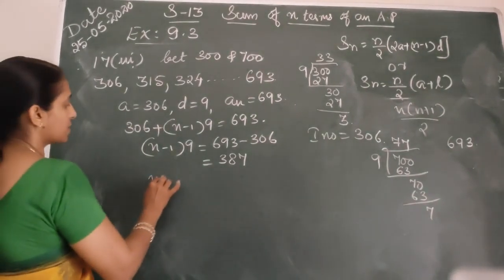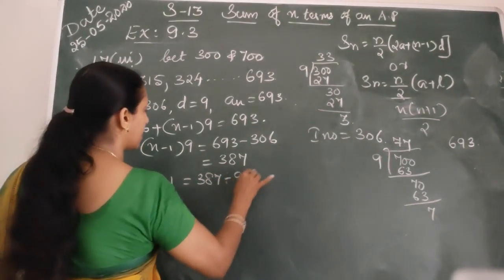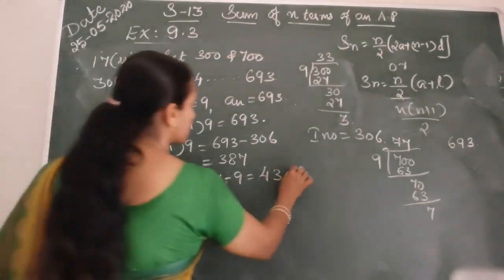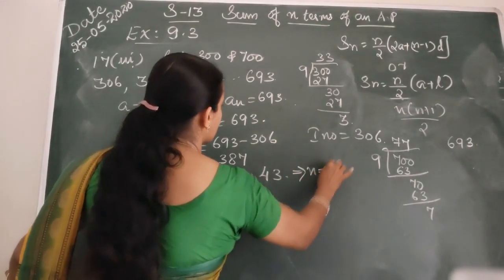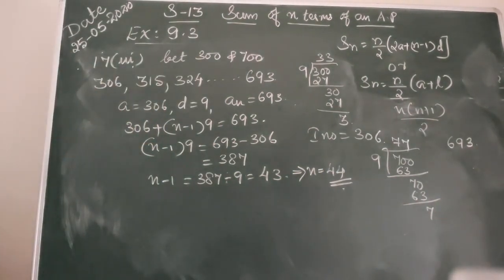So n minus 1 will be 387 divided by 9, that is 43. This implies n we are getting as 44.